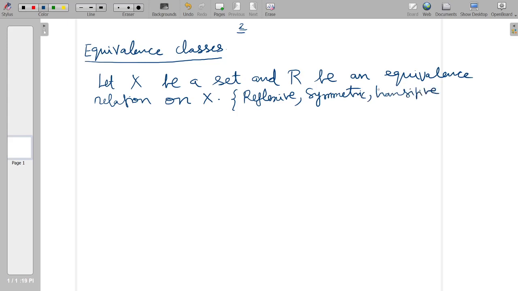So in this case you should have a set with an equivalence relation defined on the set.